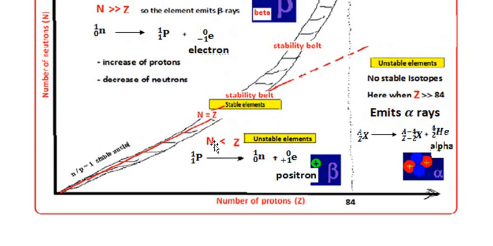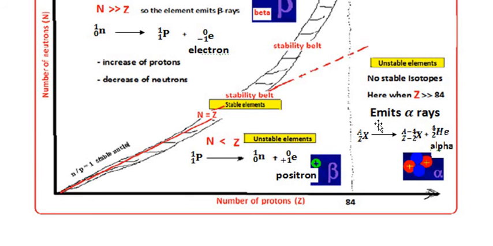But if the number of neutrons is less than the number of protons, as it is here in this area, the element radiates beta positive radiation, which is called a positron, which is produced from the conversion of a proton into a neutron and a positively charged electron, which is called a positron.